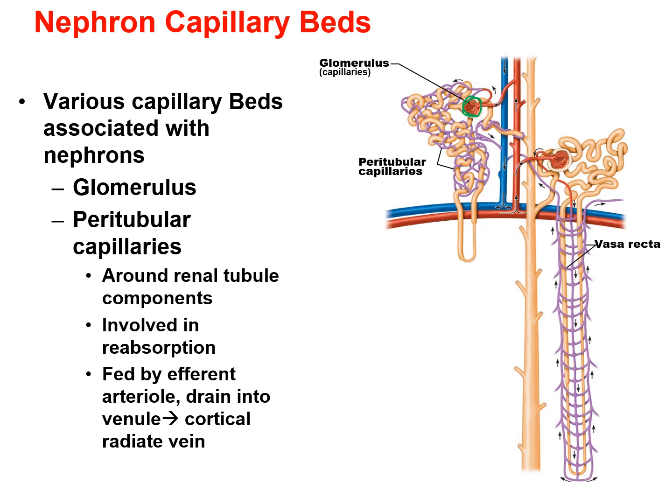The peritubular capillaries are shown in purple on this figure, and it's all of this kind of webbing or network of vessels surrounding your components of the renal tubule. Peritubular capillaries are going to be involved in reabsorbing solutes and water from the filtrate back into the blood.